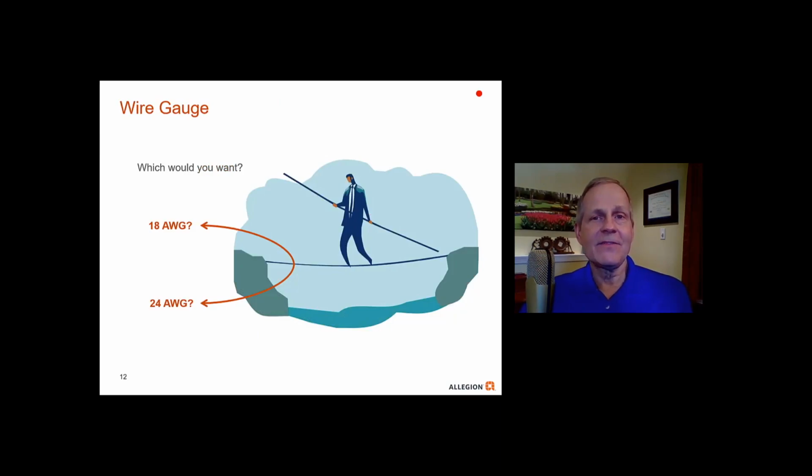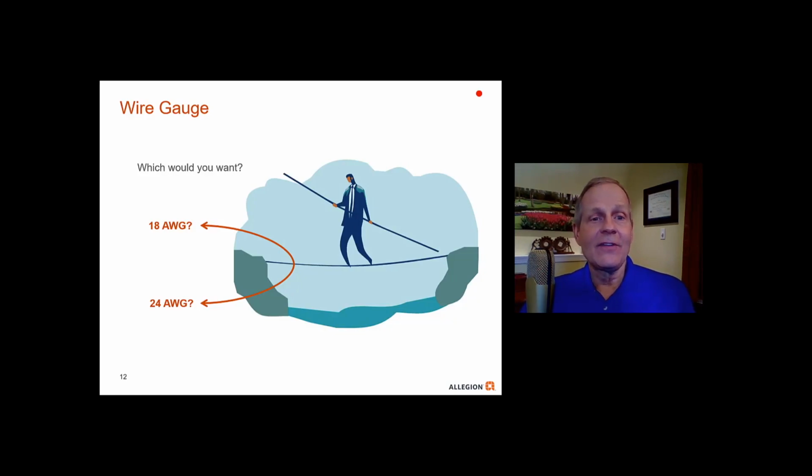All right, so based on the information that I just gave you, here we have an example of somebody walking a tightrope between two cliffs, and they're using a wire instead of an actual tightrope. So think to yourself for a moment, if you had to use either 18 gauge or 24 gauge as your tightrope, which one would you choose?